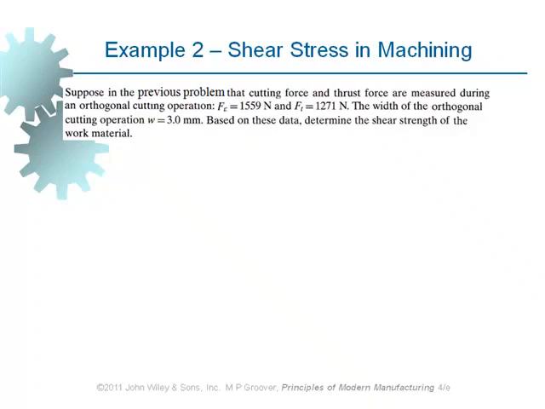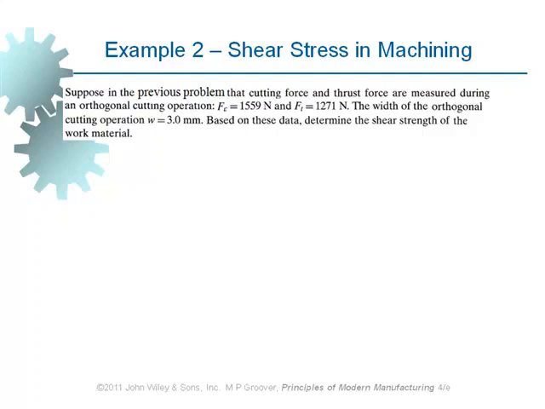Okay. Let's do a problem on the basis of what we had in this slide. The previous problem, example 1, now has cutting force and thrust force which are measured. As I said, they can be measured by making use of a dynamometer.